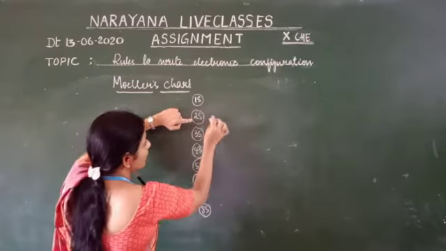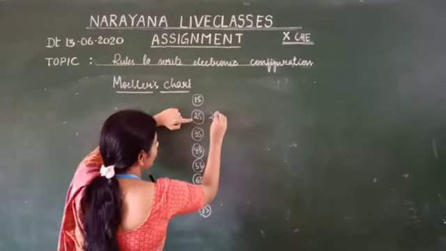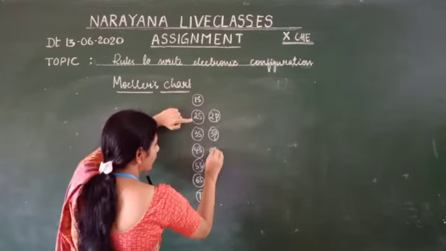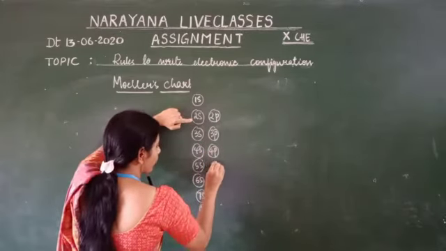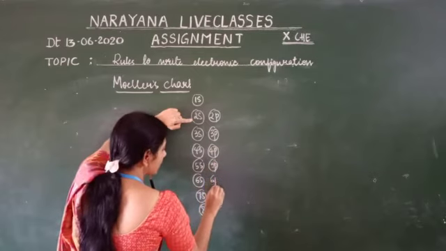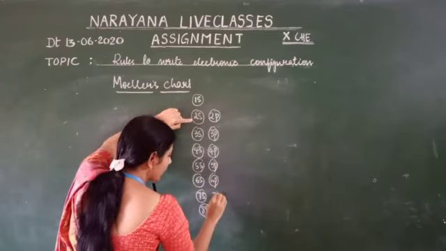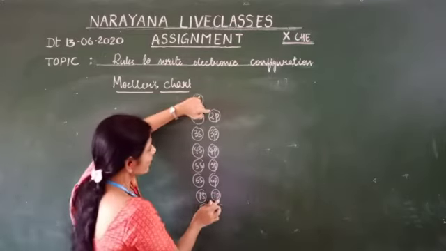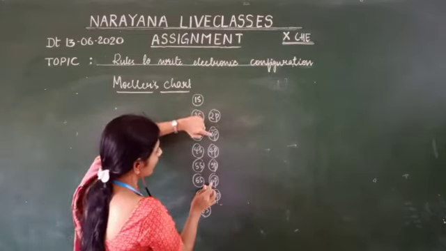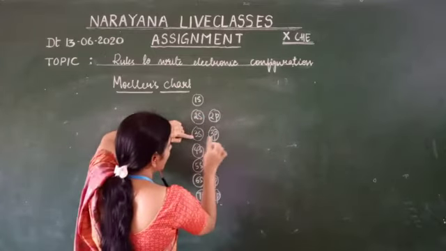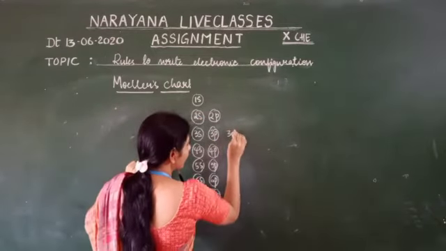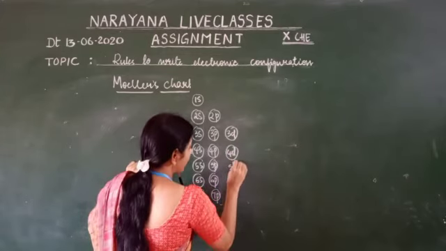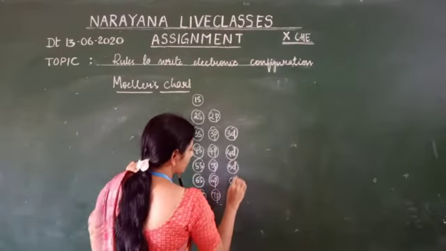After s comes 2p, so again 2p, 3p, 4p, 5p, 6p and 7p. Again writing to the next line, leave the exteriors and write starting from the next interior one. After p, you will get 3d, 4d, 5d, 6d.